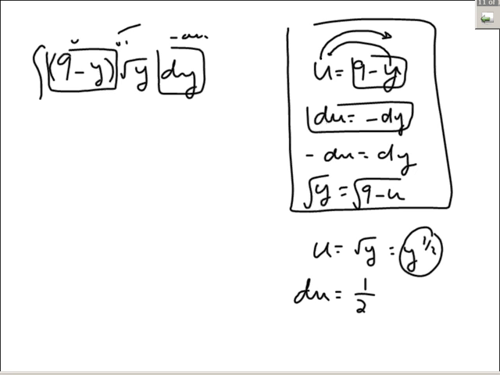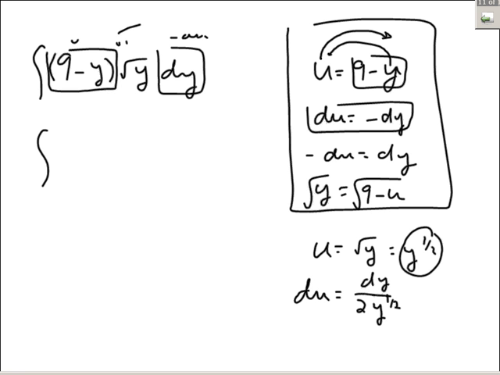That'll make the power negative a half, which will make it positive a half in the bottom, times dy. Let's see what this does for us.